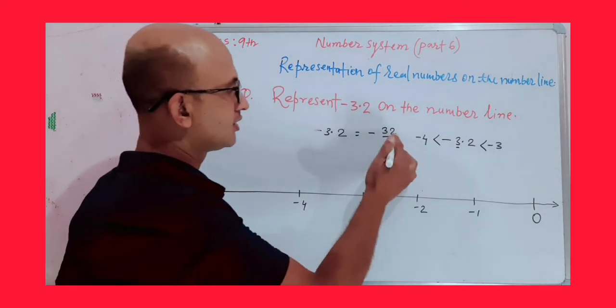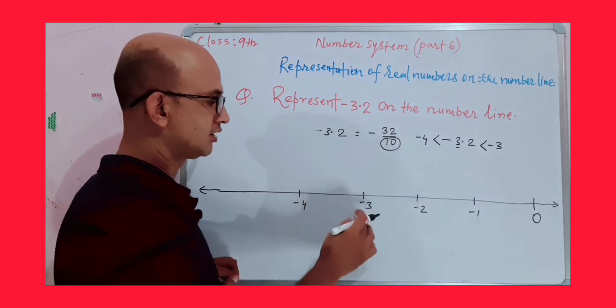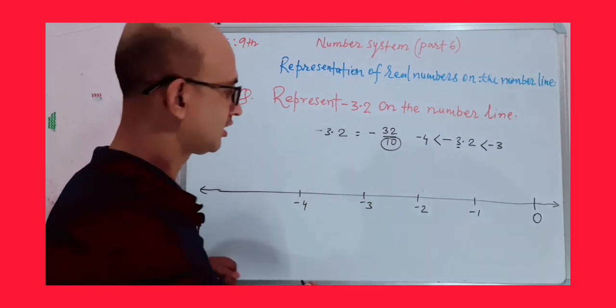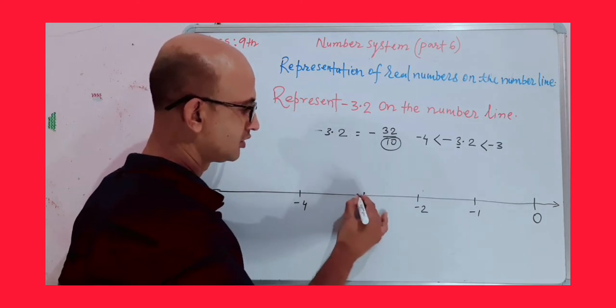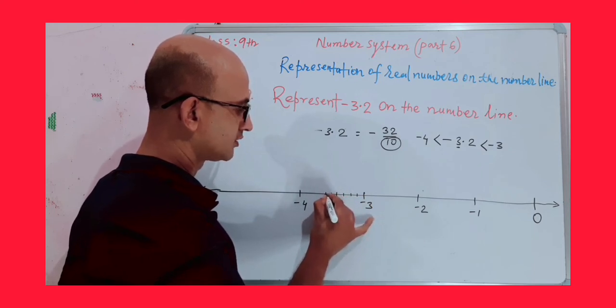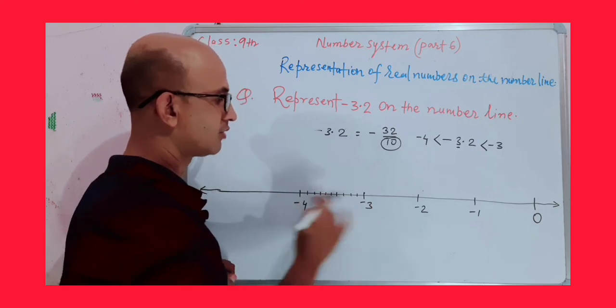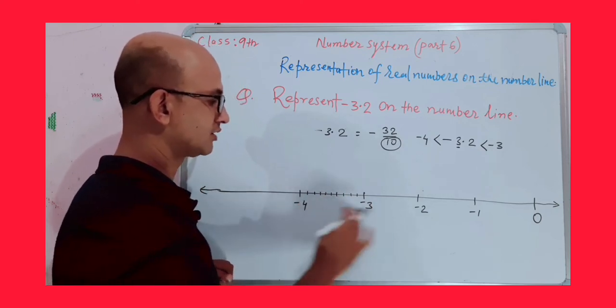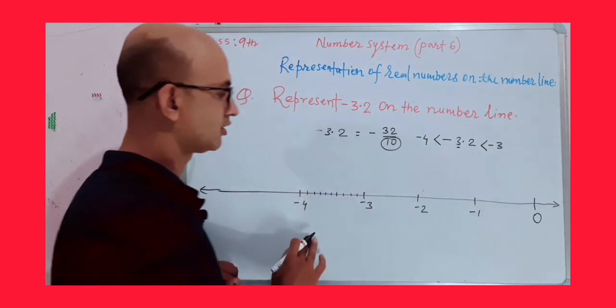Since its denominator is 10 here, therefore this length will be divided into 10 equal parts. Let us divide it into 10 equal parts. 1, 2, 3, 4, 5, 6, 7, 8 and 9. By marking 9 points in between minus 3 and minus 4, we can divide it into 10 equal parts.